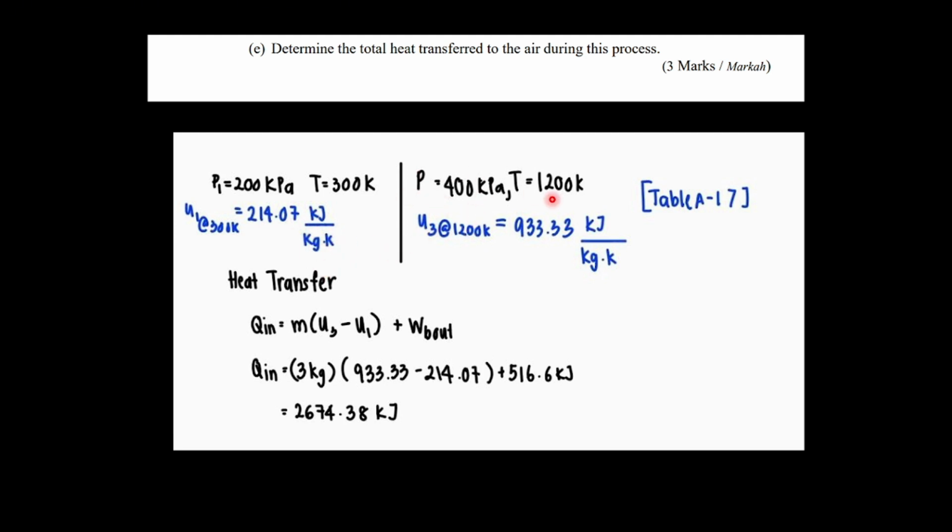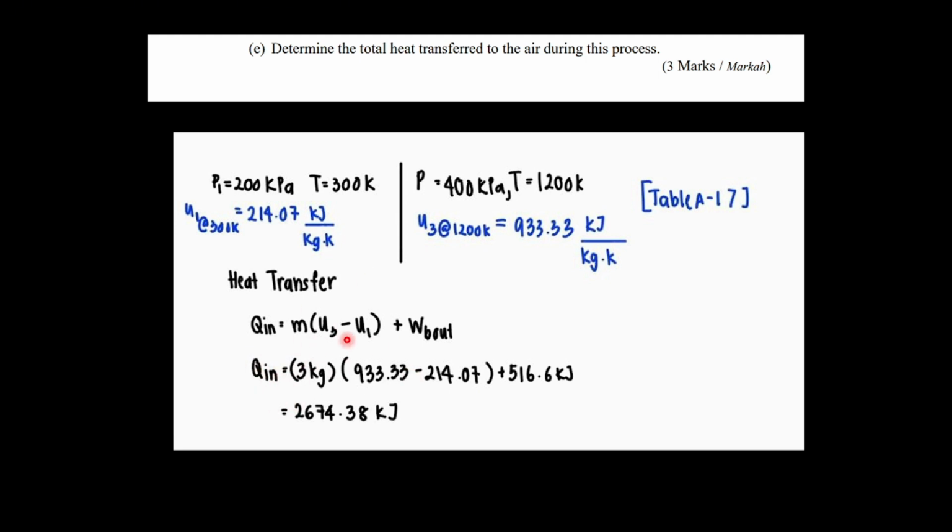At 1200 Kelvin, referring to table A17, we get 933.33 kilojoule per kilogram. The heat transfer uses the energy balance, so Q in equals m times U3 minus U1 plus boundary work out.